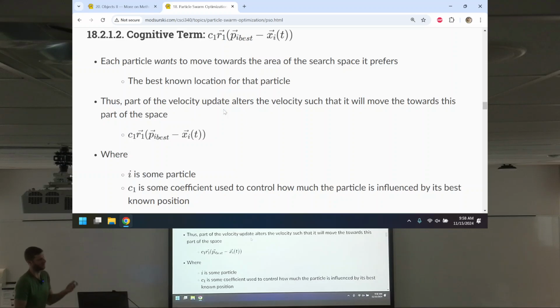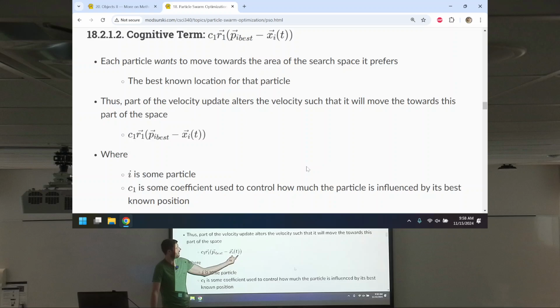The name of it's arbitrary, but they call it the cognitive term. And we see C1, R1, P best, whatever. Basically, this is the difference between the best location I found and my current location, right? So the further away I am, the bigger this is going to be, the bigger the difference.